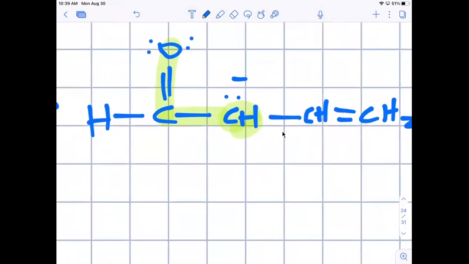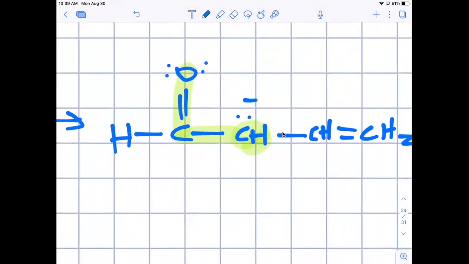Where are my arrows going? This is my donor. Everybody agree with that? It's got a lone pair. They're free to interact with other atoms as long as they're adjacent and the orbitals can overlap. So that's my donor, that's my acceptor. How are we moving those electrons? To the left, towards the acceptor, is that right?